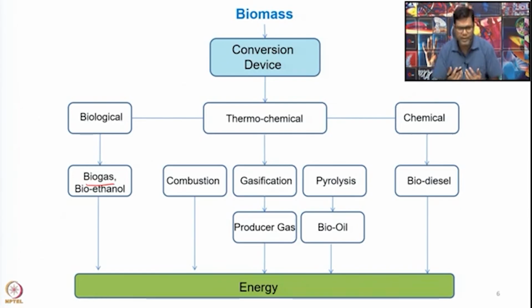If we classify it into broader verticals, then we have biological, thermochemical and chemical. In biological, biogas is not the newest technology that we as a human civilization know. The oldest one is bioethanol and the combustion process. Bioethanol we all know; thousands of years ago human civilization mastered how to have a controlled fermentation process, though it was not used for energy but as a beverage.